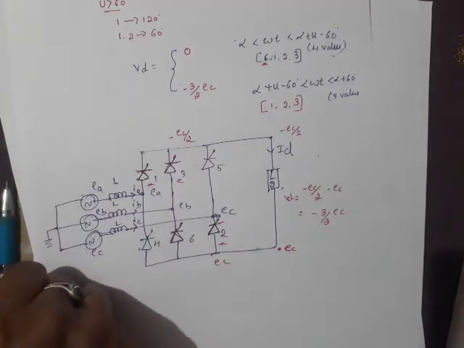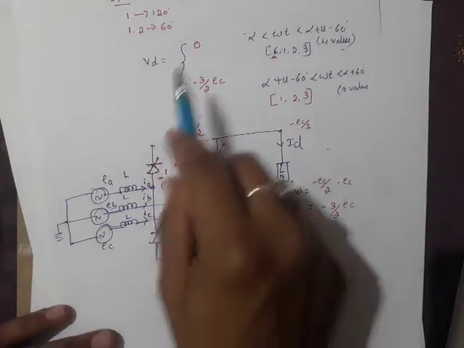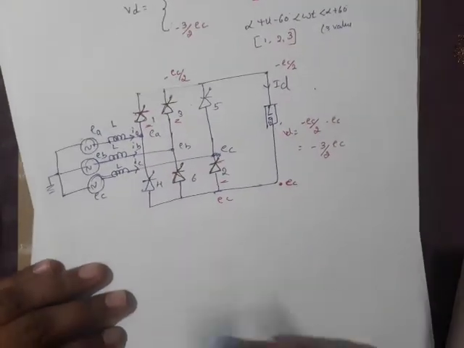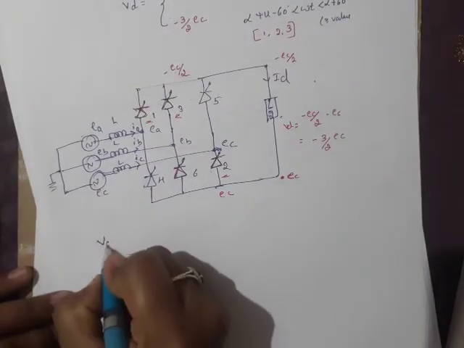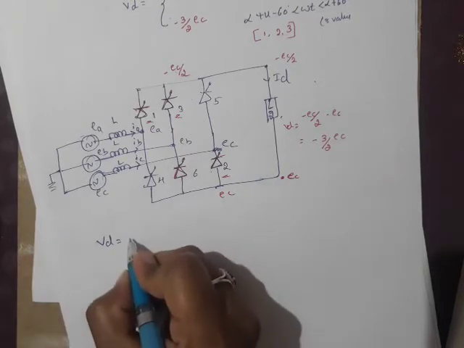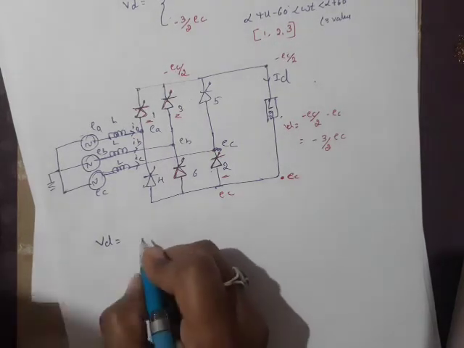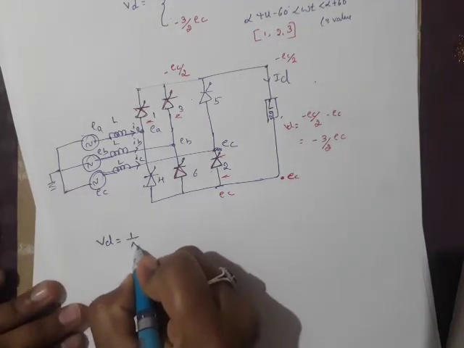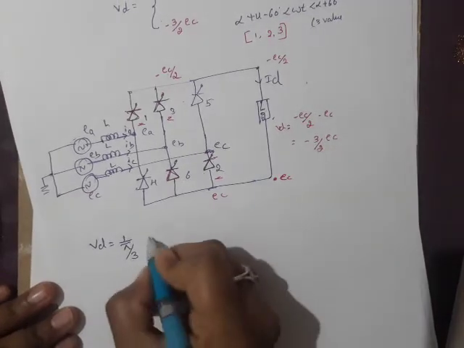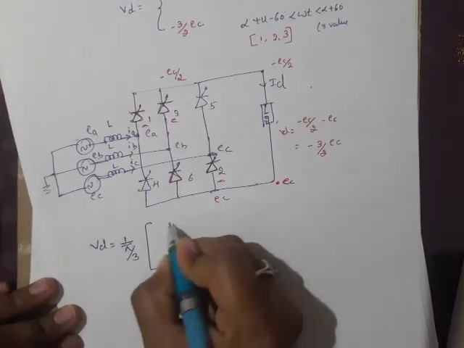And we'll derive the output voltage equation. This is just a pattern. So VD is equal to, we are deriving for how much angle? 60 degree. So 1 by pi by 3, totally 60 degree, and we have two different integrations.